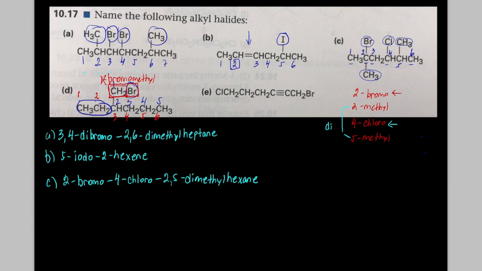In red, I would call this 3-(bromomethyl). You could put that in parentheses because it's a complicated group, not a simple group. And that's attached at carbon 3 of this hexane chain. So hexane is the parent chain.